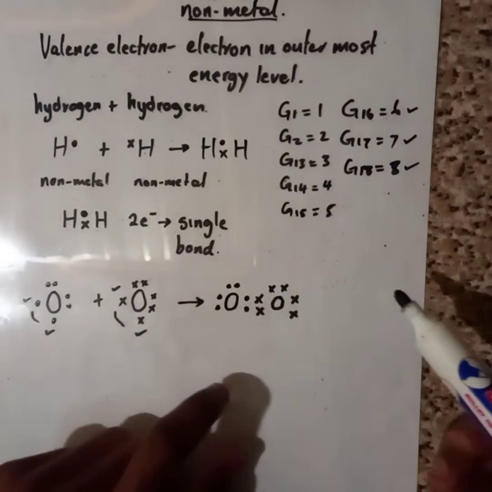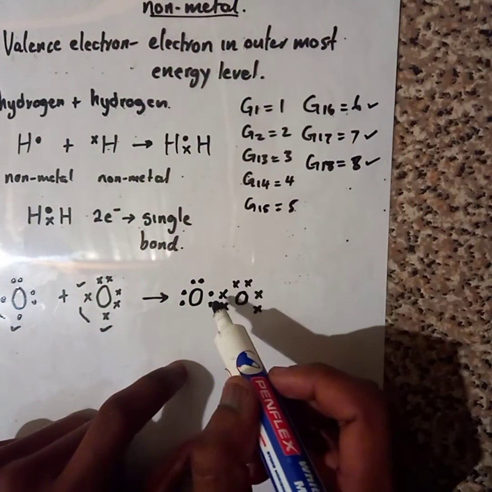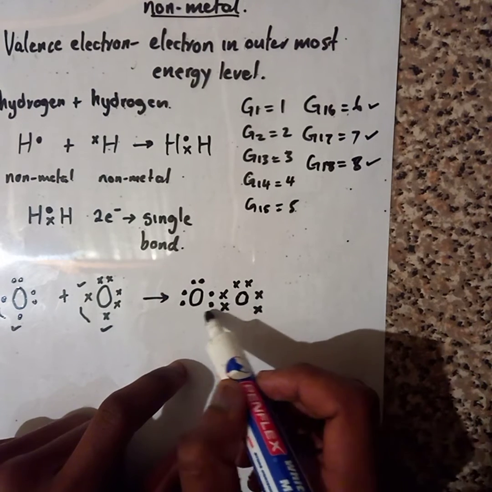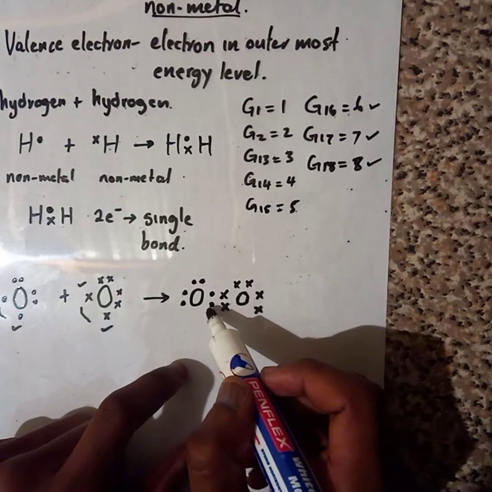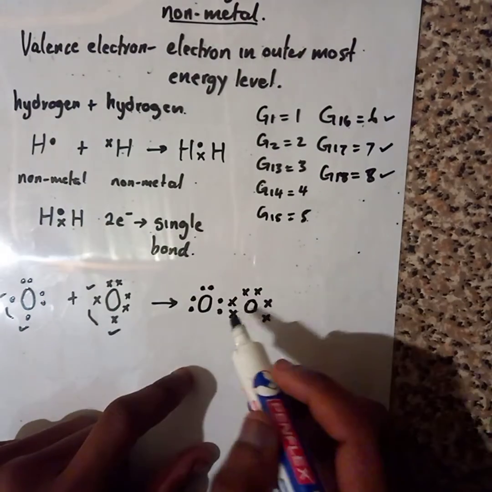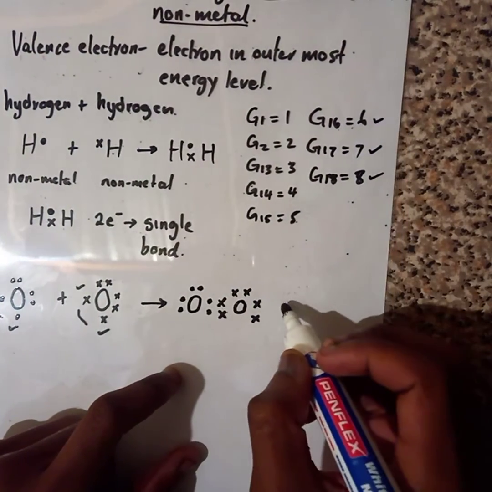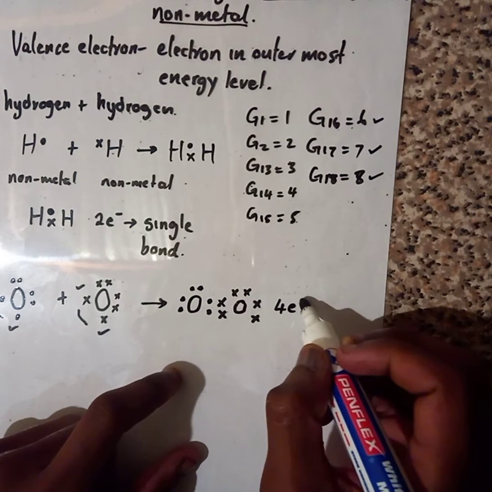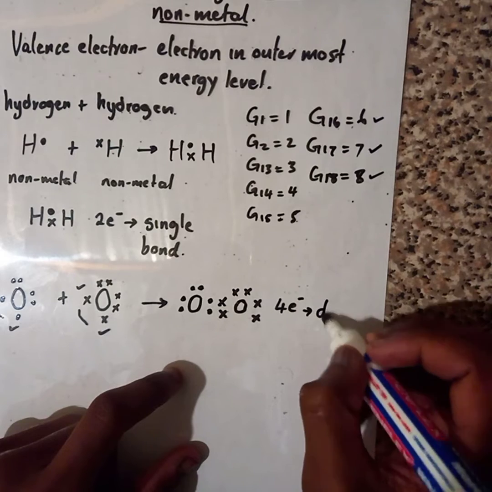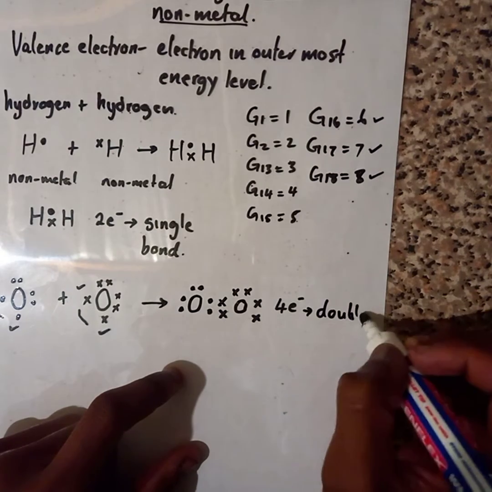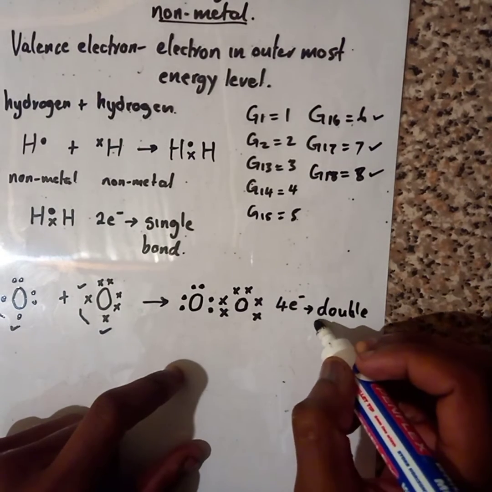Then now, I have 4 electrons which are sharing. Here I only had 2, now I have 4. For 4 electrons, we get a double bond.